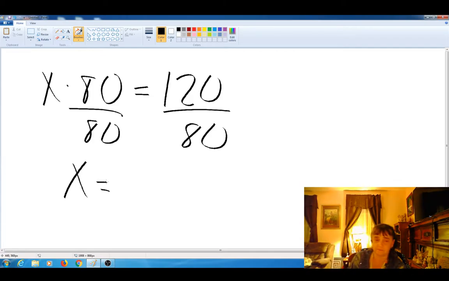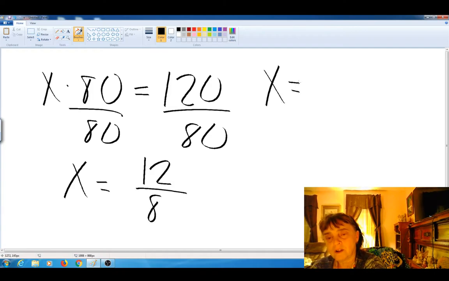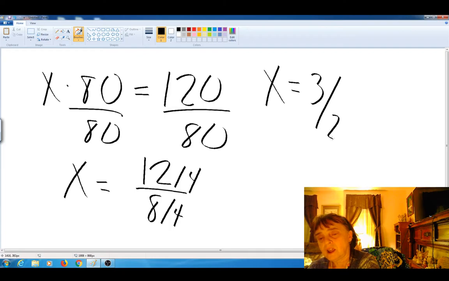Oh, so that I can divide numerator and denominator by 10. That becomes 12 over 8, which reduces to 3 over 2, and that's 1.5, which is 150%.